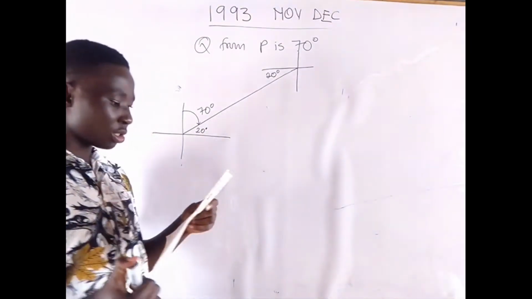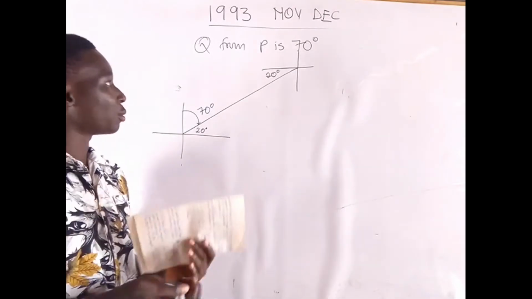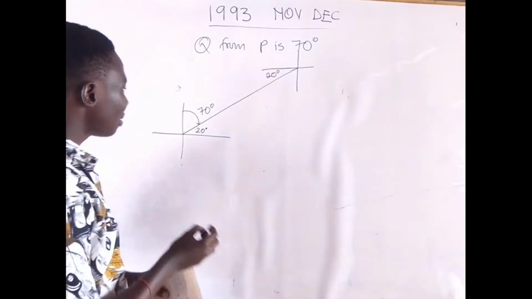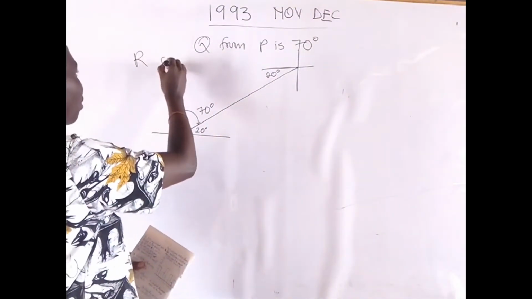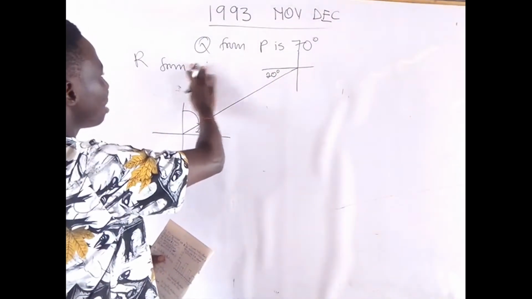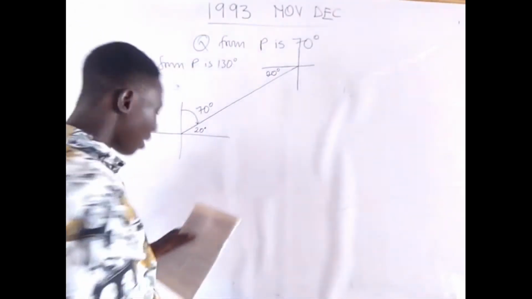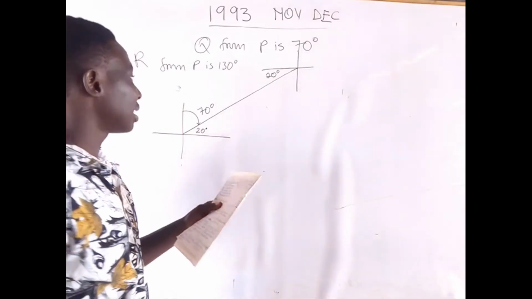And let's continue with the question. The bearing of R from P is 130 degrees.